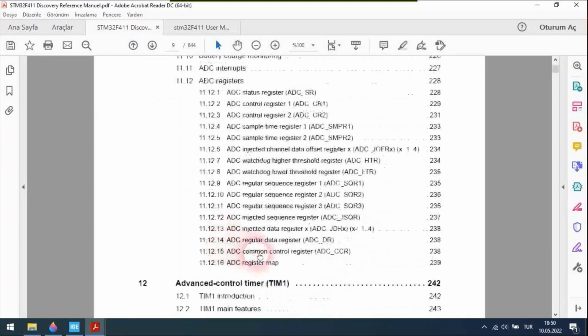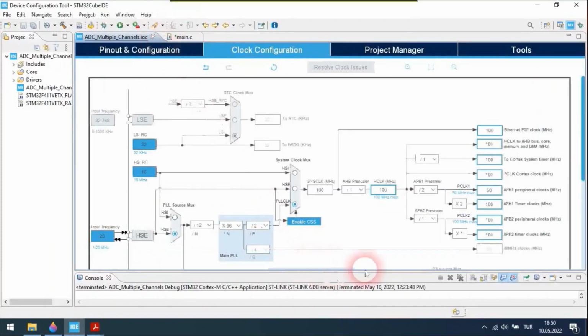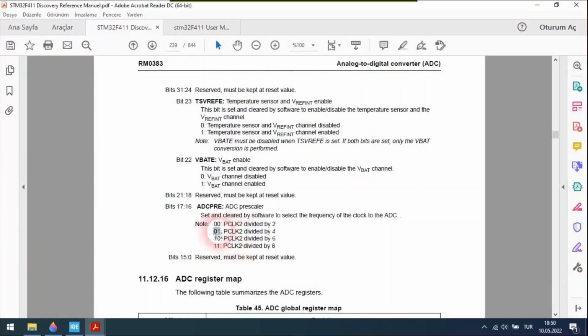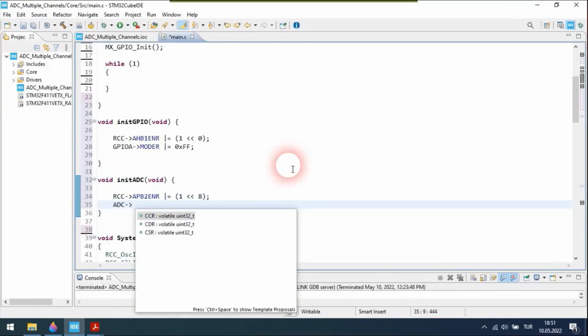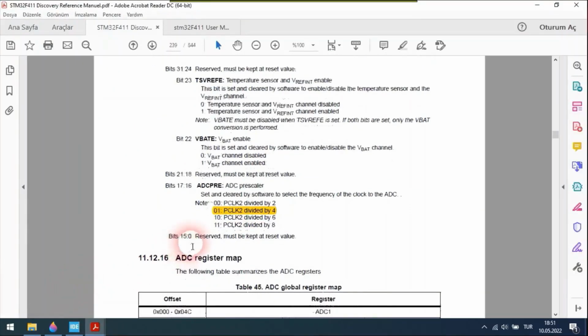In STM32 which I am using now, ADC can work at maximum 36 MHz. We have to divide it by minimum 4 in this case. Now ADC clock frequency is 25 MHz.